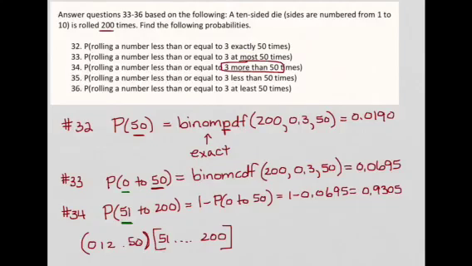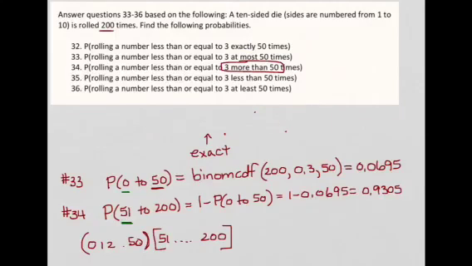And that's the answer for number 34. So, up to this point we've used Binompdf, Binomcdf, and then just in the last one we've done 1 minus Binomcdf. So the last two problems are similar. We're still using a range of values. We're still going to be using Binomcdf or 1 minus Binomcdf. So let's take a look at that now.